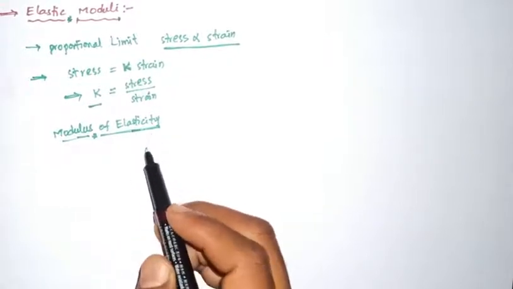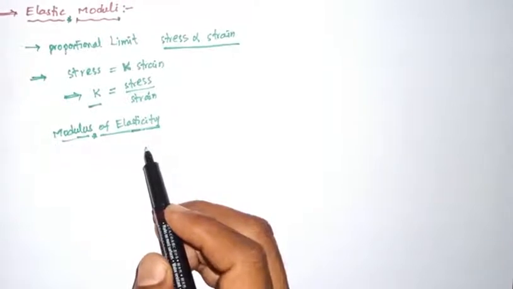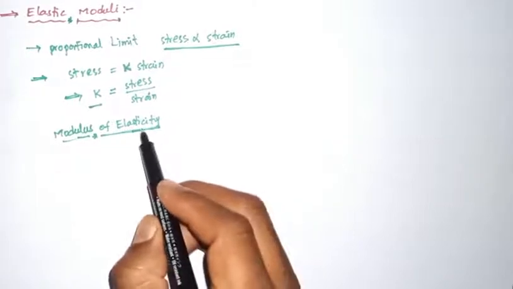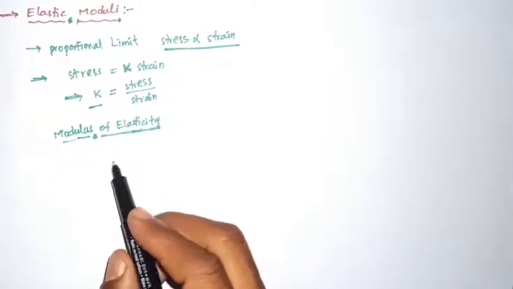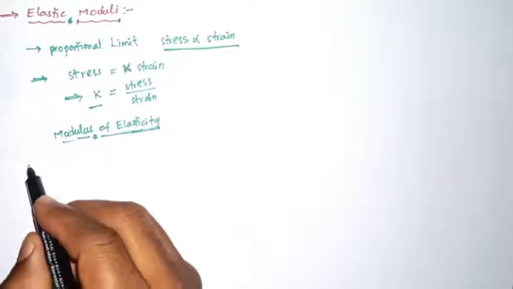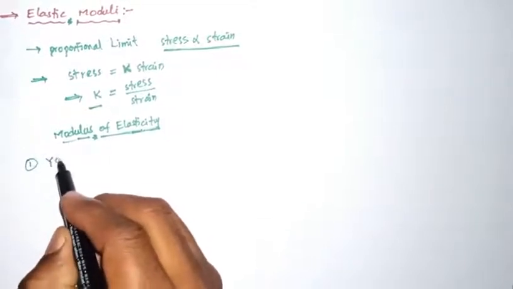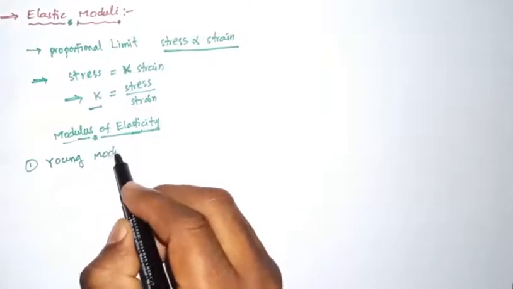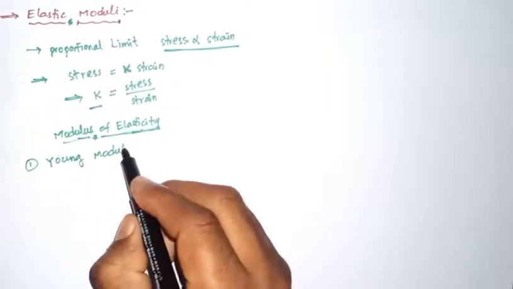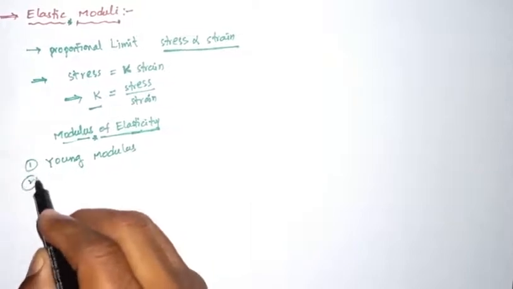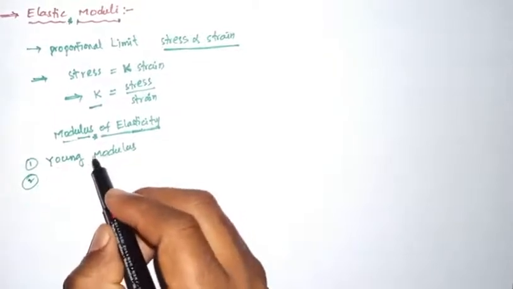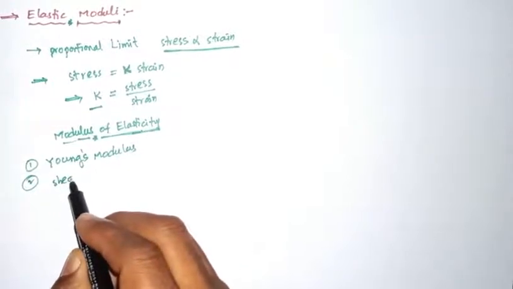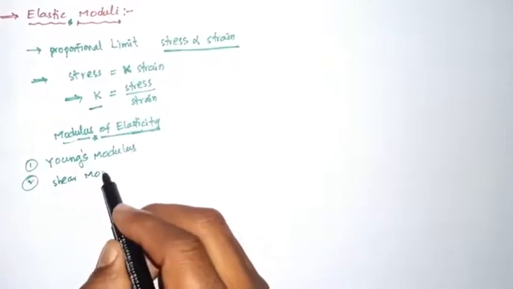What is the material? Steel has a different modulus of elasticity. This modulus of elasticity is of three types. First, Young's modulus. Second, shear modulus.